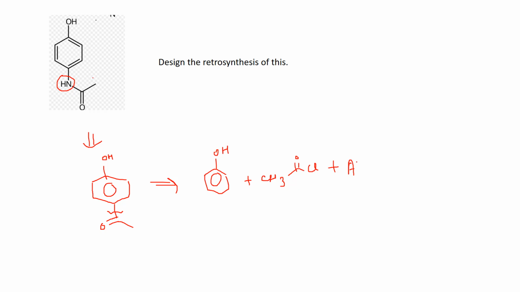We'll get this product. Okay, so this is the retrosynthesis of this compound from simple phenol and acyl chloride. Instead of acyl chloride, you can also add Ac2O, acetic anhydride. That can also be possible.